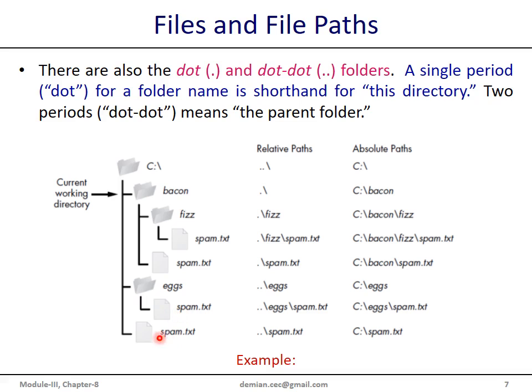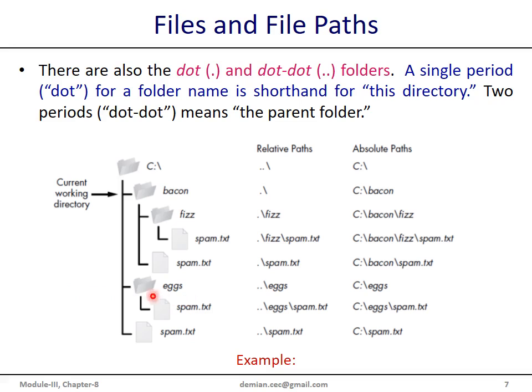And if you want to refer to spam, a file which is found in the root, what we have to write from the current working directory is the parent, that is double dot slash spam.txt.